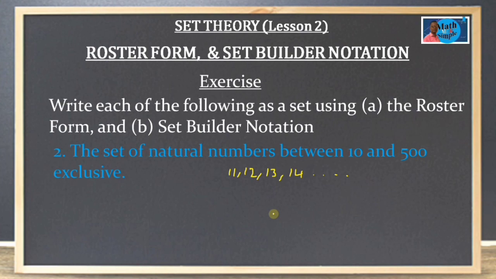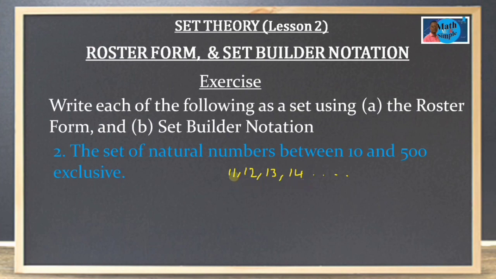Okay, so what we usually do in such a case is we write the first 3 terms, the first 3 members of that set, because the first 3 members of that set will establish the pattern of that set. So after establishing the pattern, if it is an infinite set, then it will be followed by the 3 dots only. But since this is a finite set, then you have the 3 dots followed by the last member, or the limit of that set.